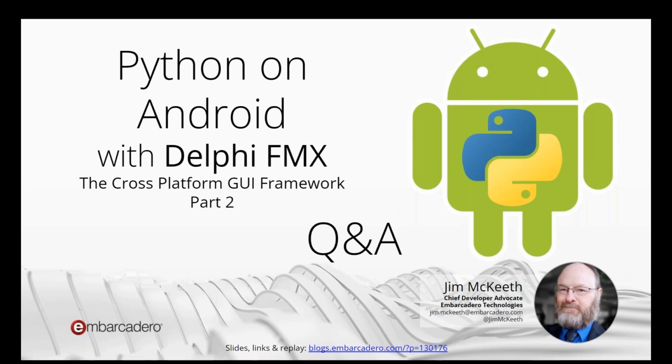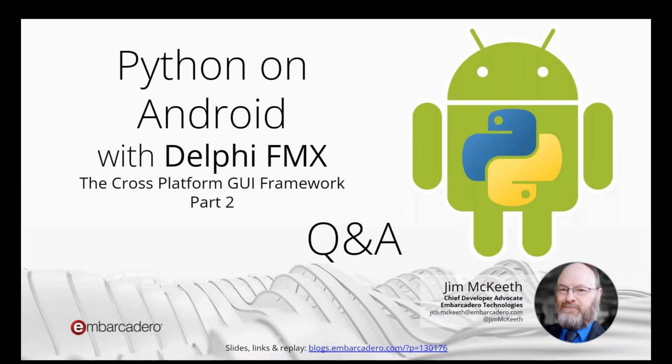Let's see. Delphi threads wizardry with GUI updates. Are there similar examples in Python, or is this even a relevant question? If you are doing it, the same rules apply, but I don't know how that translates to Python.